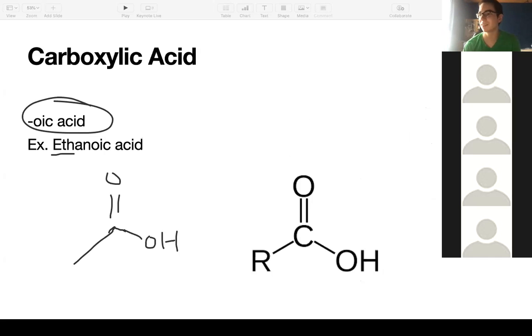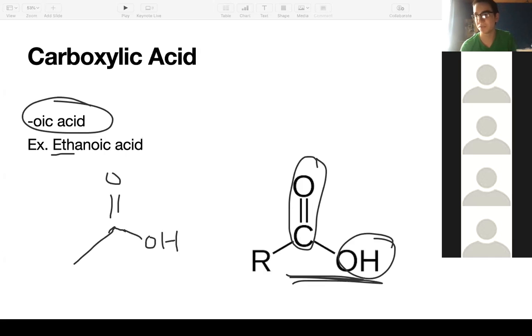So carboxylic acids, that's them. Any questions on carboxylic acids? How to identify them? Really, you're just looking for this carbonyl group attached to an OH group. Question, Marco. Now I get that when it has one carbon, it starts with form. How do you know to add ic to it so that we know it's formic acid? If there's the presence of these functional groups.